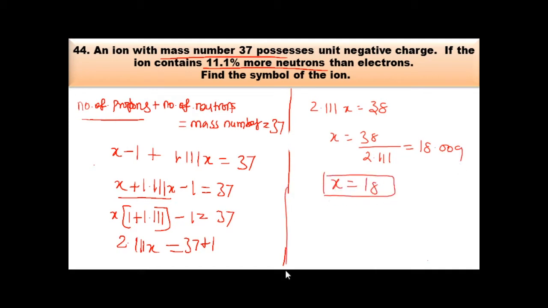So what is the number of protons? P equals X minus 1. What is X? 18 minus 1.